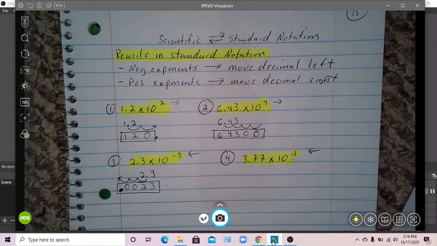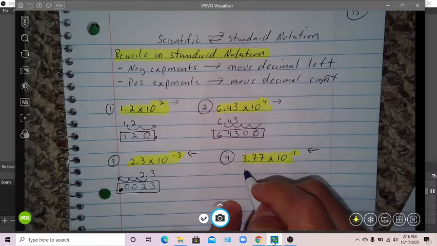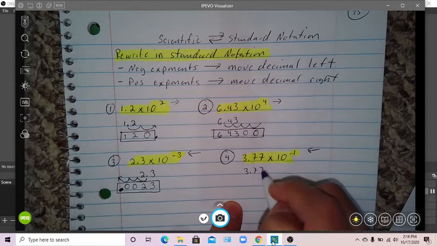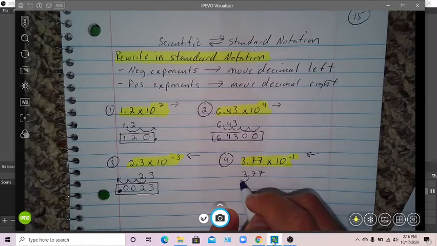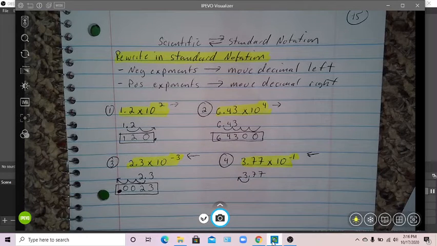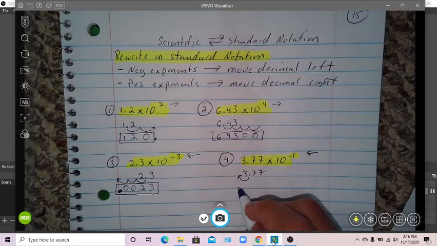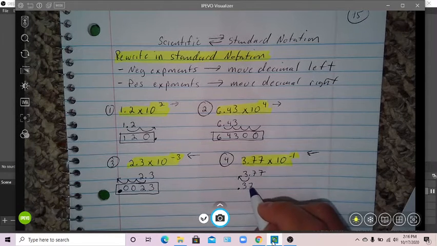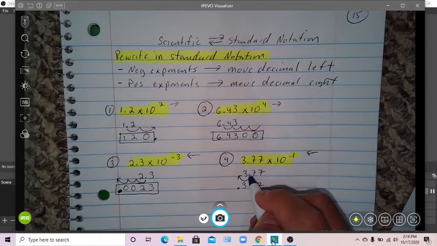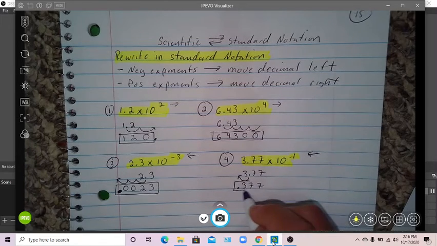Just move it to the left one time. Okay, so let's go ahead and write it. 3.77, move it to the left one time, so I don't have to move it over in any empty slots, so I don't have to put any zeros in there. So it's going to be 0.377. Okay, so that's what I put into IXL.